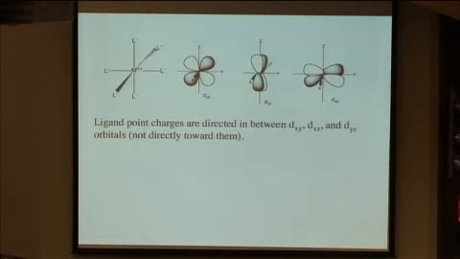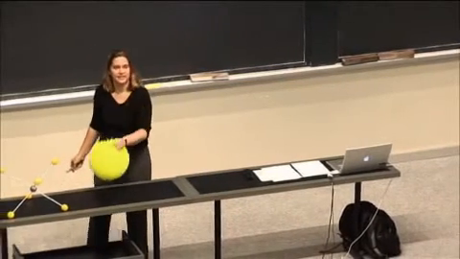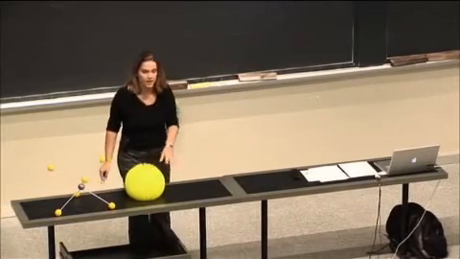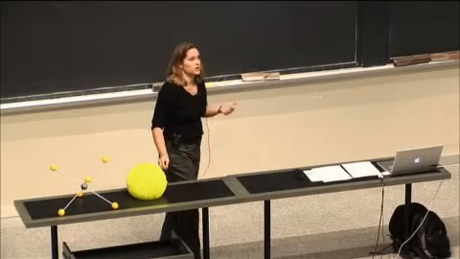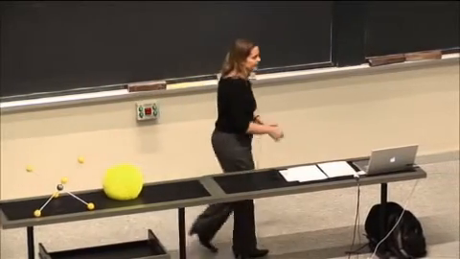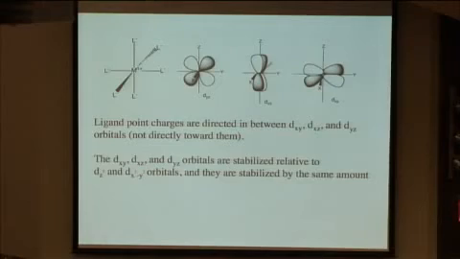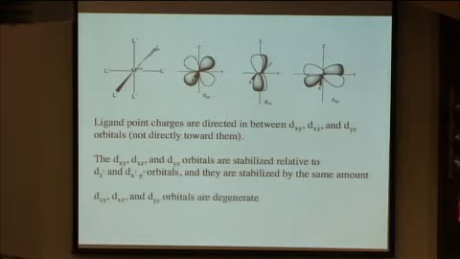So that is stabilized compared to this hypothetical case where the ligands are everywhere, and also stabilized compared to the other sets of orbitals where the ligands are pointing directly at them. So these three sets of orbitals are stabilized relative to the dz squared and the dx squared minus y squared orbitals, and they're stabilized by the same amount. So these three orbitals are also degenerate with respect to each other.